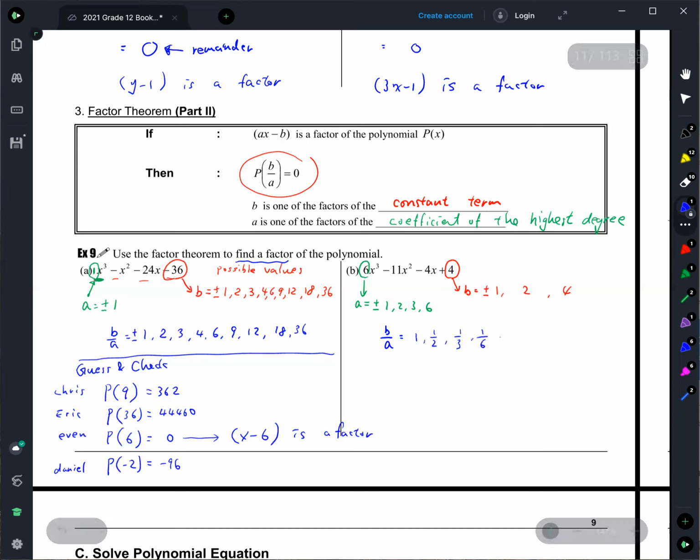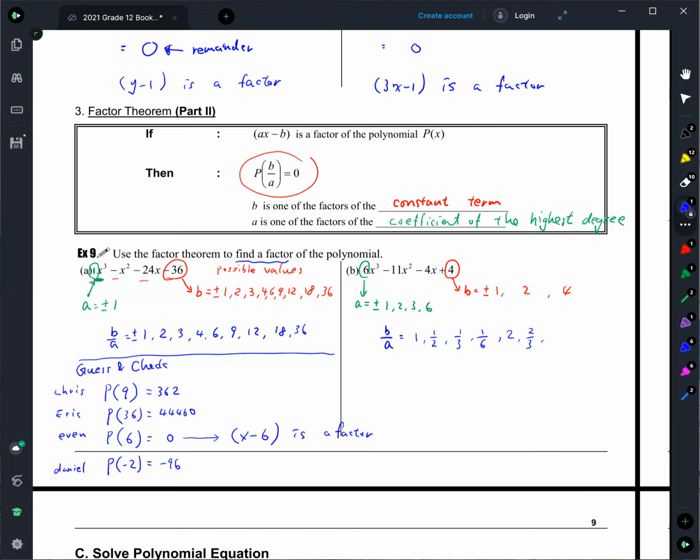All right, do you follow so far? Now we move on to 2, when B is 2. So you have 2 over 1, 2 over 2. 2 over 2 is same as 1, so we won't repeat. 2 over 3, 2 over 6. 2 over 6 is same as 1/3, so we won't repeat that.